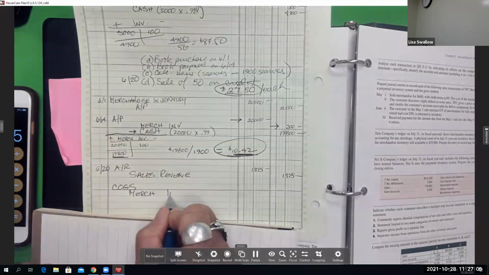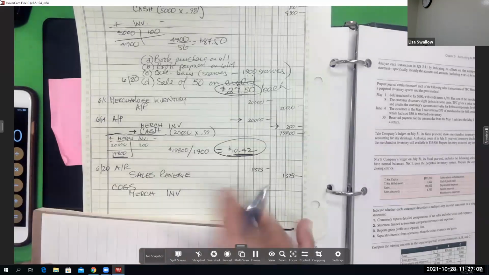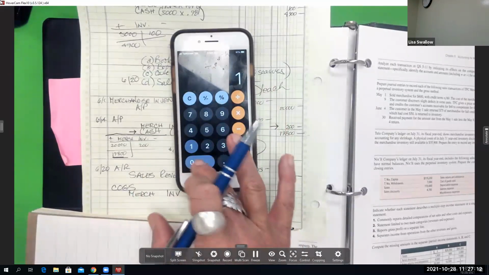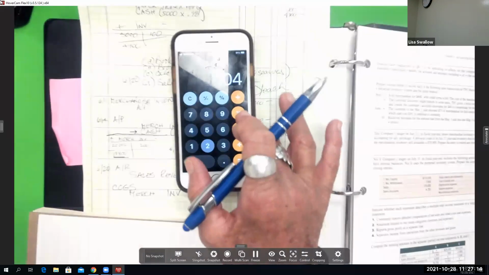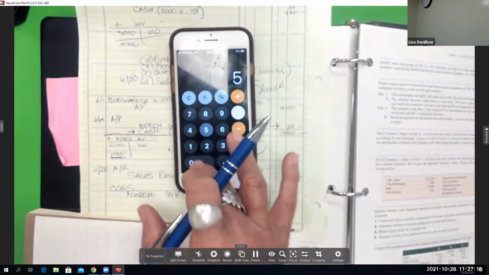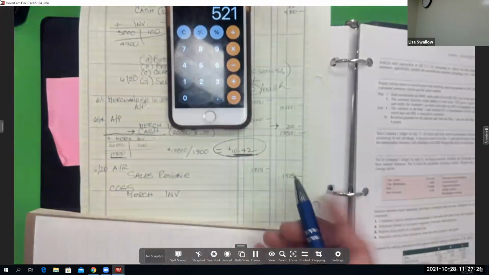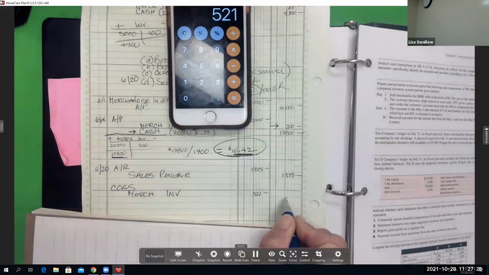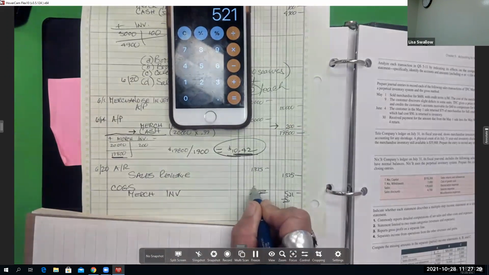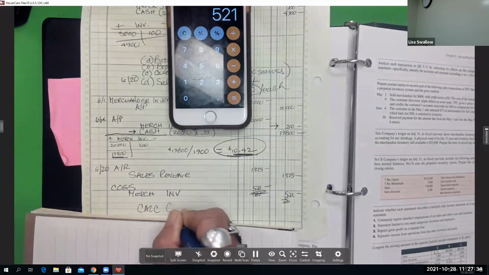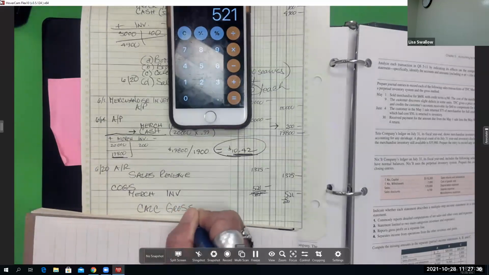What we have done right now, okay, and that is 10.42 times 50 scarves. 521.